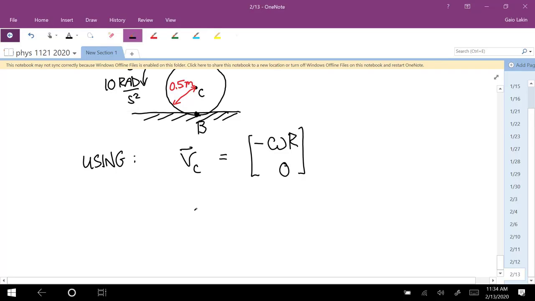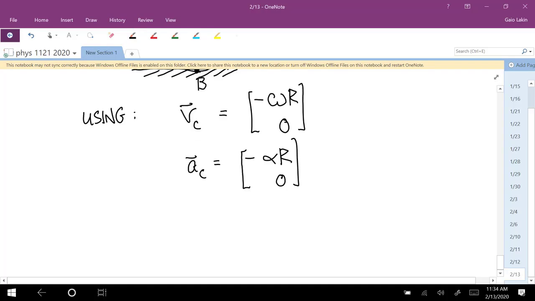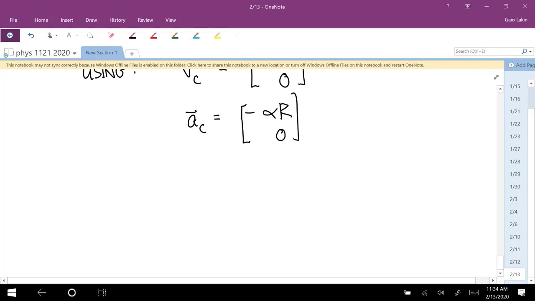And we know that the acceleration of the center is all in the x direction, and that's -α_r, 0. And then we use two relative motion equations. So I'll just write those as VAC is equal to VAB plus VBC, and then the acceleration version.